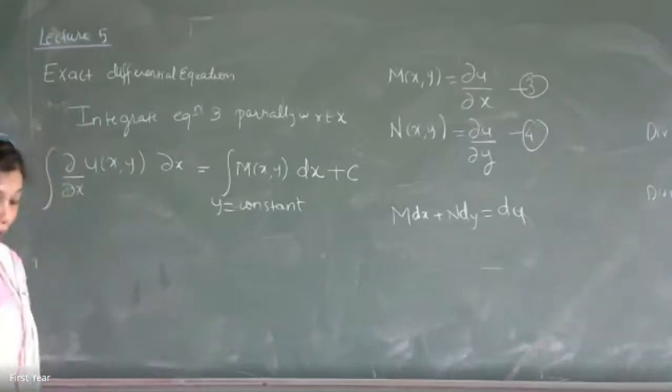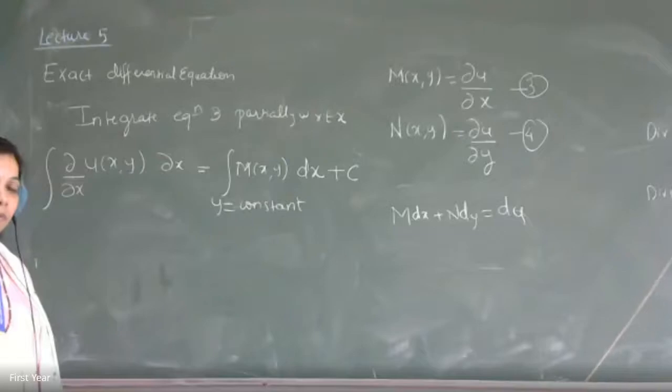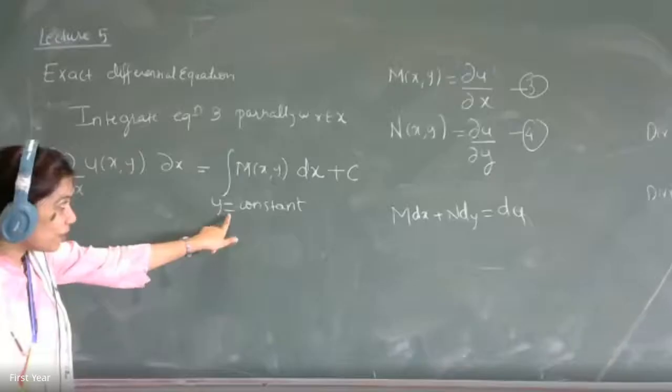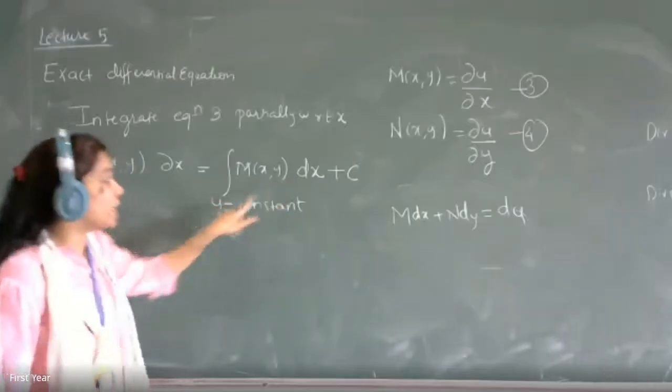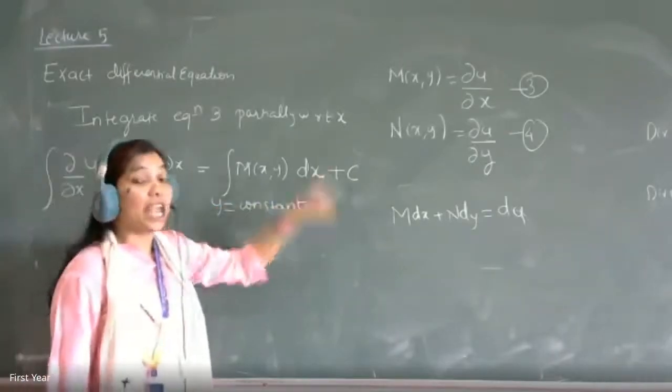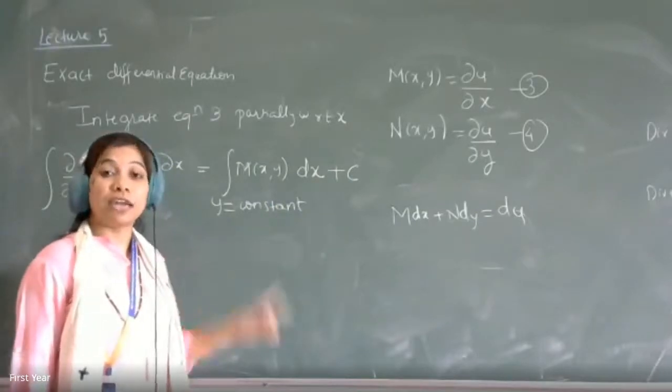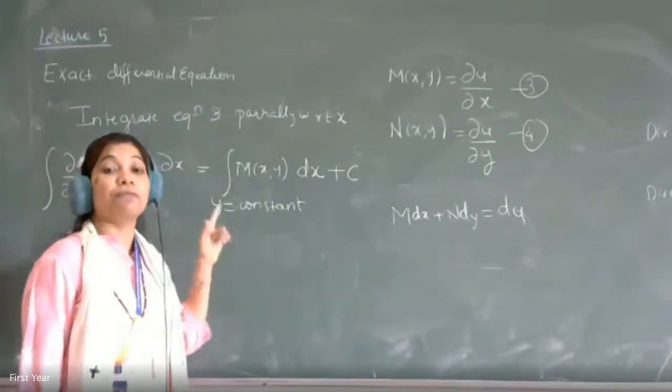Can it be a function of y? All are saying no. Look here, it can be a function of y. You have written constant, but in the integration with respect to x, y is constant at that time. So this C can have y, because when I'm doing the partial integration, y is a constant.